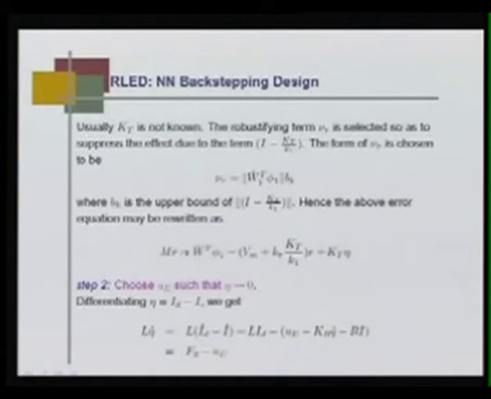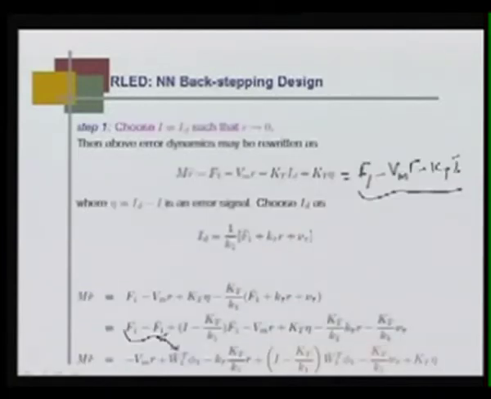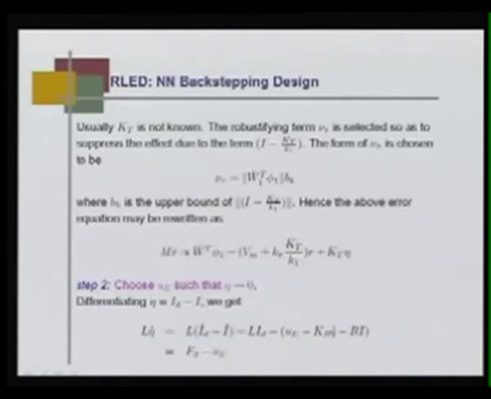The robustifying term nu t is selected so as to suppress the effect due to the term I minus k T upon k1. So, V tau, if I select this, then V k is the upper bound of this, as in the above error equation. This m r dot is this quantity, and can be rewritten in this particular form.